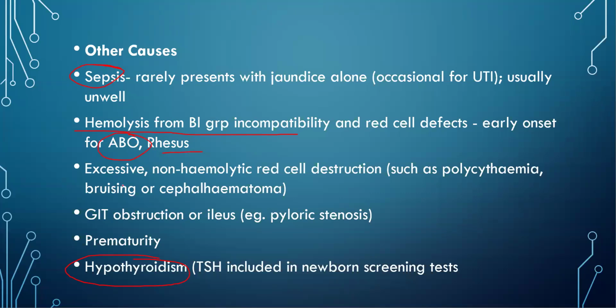It could be any of the hemolytic diseases we have discussed, like hereditary spherocytosis, G6PD deficiency, pyruvate kinase deficiency. All of them will cause hemolysis. Other causes are not very important; you can go through them in your own time. But the most important cause of unconjugated hyperbilirubinemia is hemolysis, and hemolysis can be ABO or Rh.